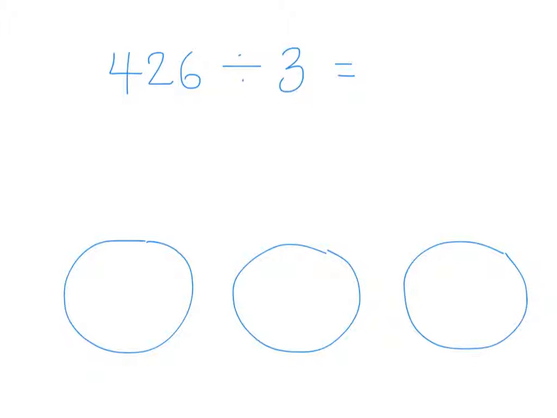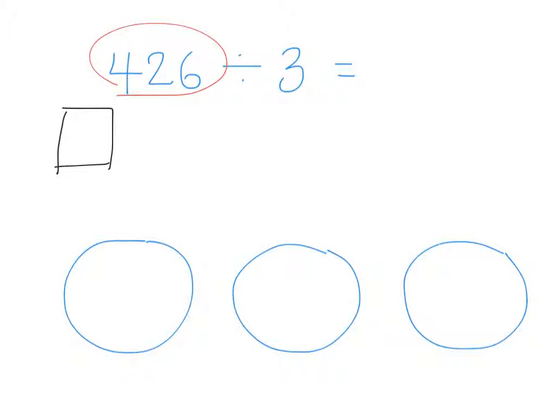How can I use a quick sketch to draw a picture that represents 426? Could I draw 426 circles? No. I mean, I could, but would that be a quick picture? No. How can I draw a quick picture to model the number 426? Shreya? Well, I drew 4 hundreds, like the model for hundreds.